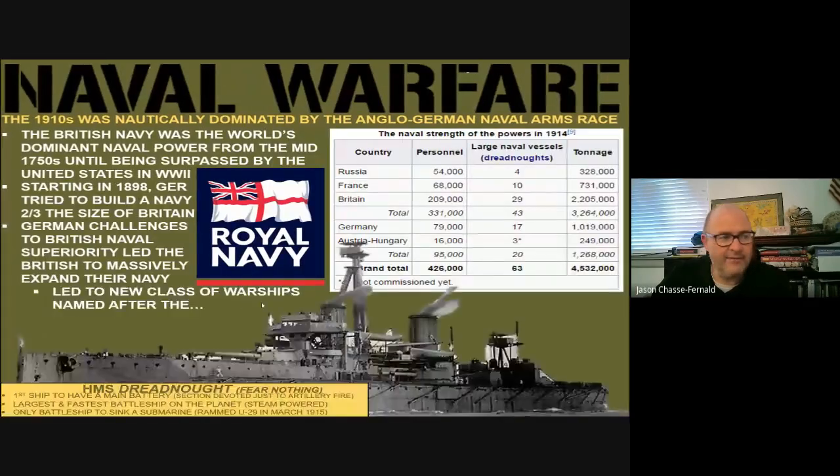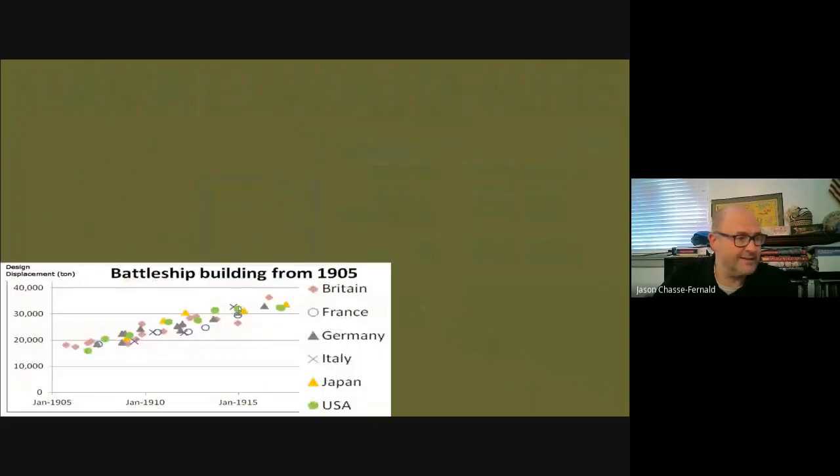When it comes to naval warfare, obviously naval warfare is another major part of the story, and one of the reasons why World War I is fought all over the world. These navies are large and powerful. So, of course, we're going to be talking about increased military spending on navies during this time, right?